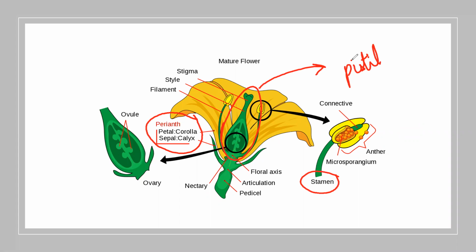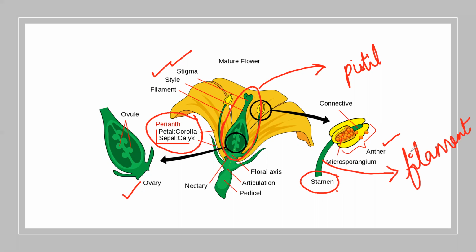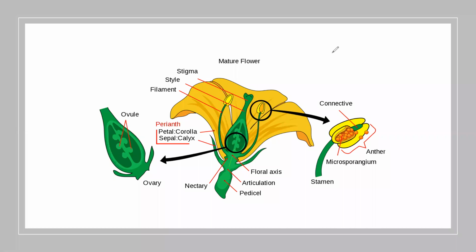Pistil is further divided, it has three parts: stigma, style, and the ovary. Whereas stamen has two parts: anther and filaments. These are the four important whorls of flowers. A typical flower has all these four whorls.